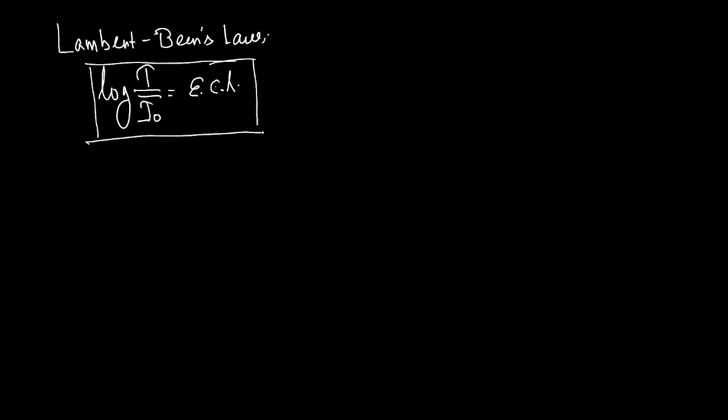What it says is, if a light of intensity I0 passes through a medium of optical path length L and concentration C, the intensity will decrease due to the absorption of light, and the relationship between the incident intensity and the intensity after absorption will be like this.